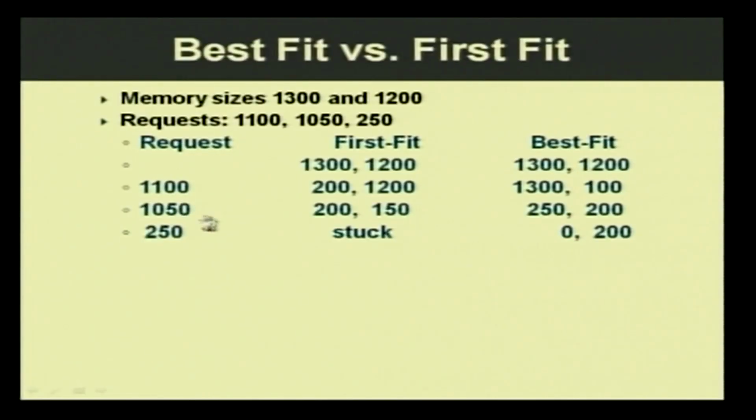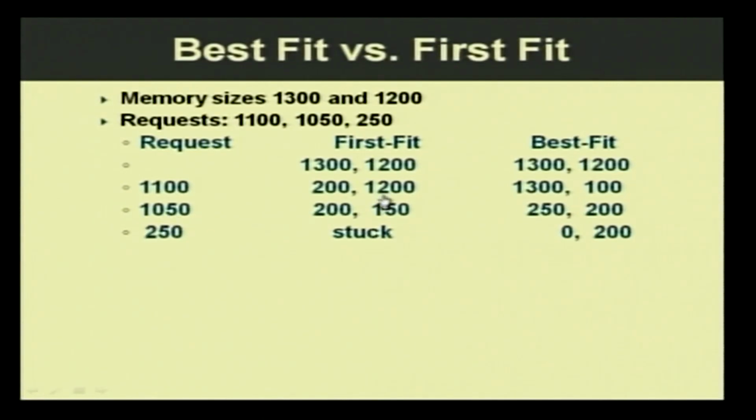With the same variation, we have another problem with the requests 1100, 1050 and 250 for the same available memory. Here, the best fit algorithm, as we discussed earlier, efficiently handles the situation. However, in the first fit policy, after allocation of 1100 to the 1300 memory space, a 200 hole is generated.